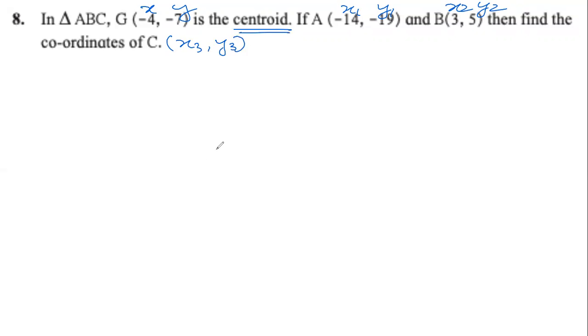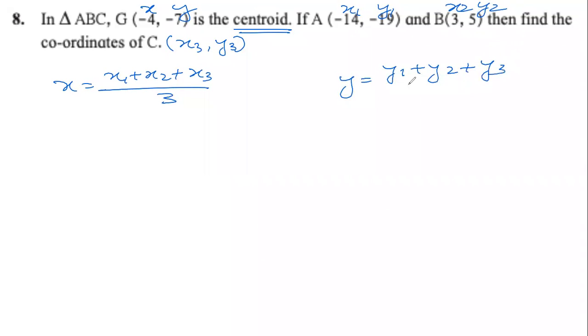Centroid is given, so we will use the centroid formula. So using the centroid formula, we can write X equals X1 plus X2 plus X3 by 3 and Y equals Y1 plus Y2 plus Y3 by 3. No change here. Now you help me write the second step.